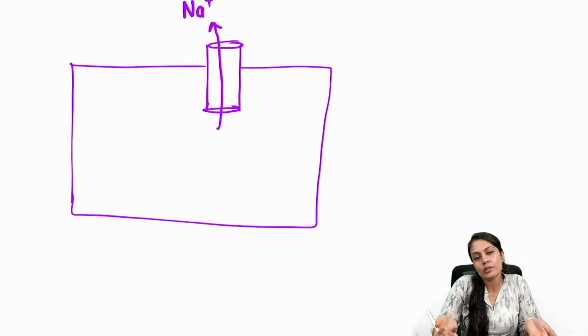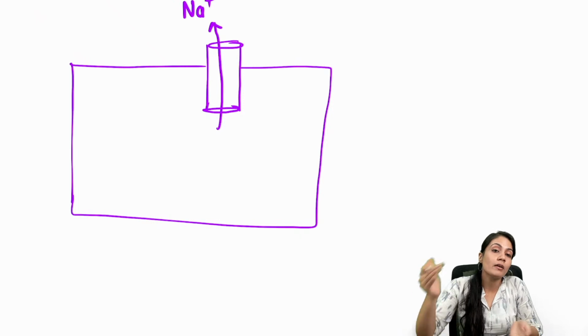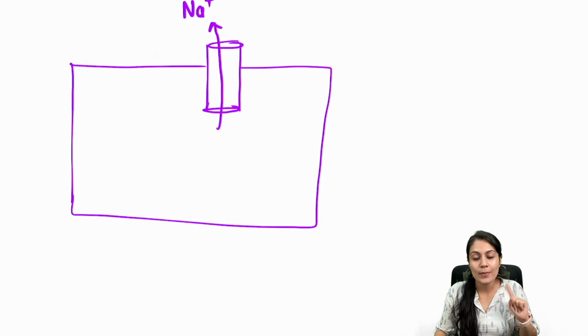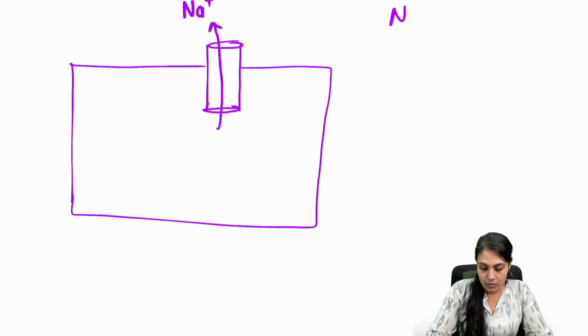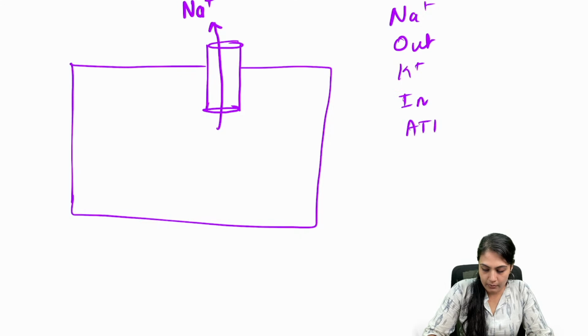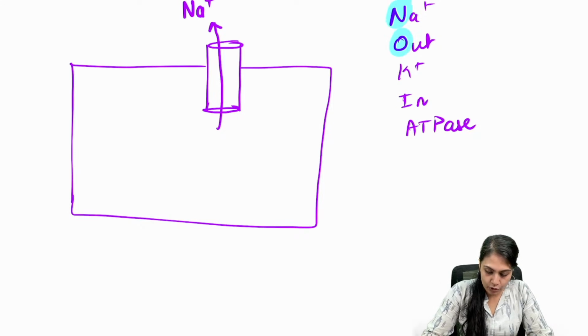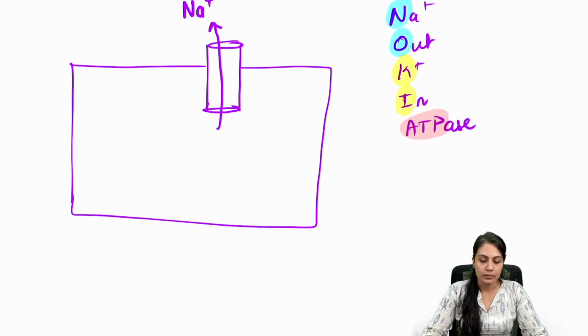Sodium is already more outside, so throwing it out definitely requires energy, and that's why I have given the mnemonic Nokia. Nokia means sodium out, potassium in, ATPase. So it throws the sodium out, takes the potassium in, and uses ATP, which means it is the active pump, right?